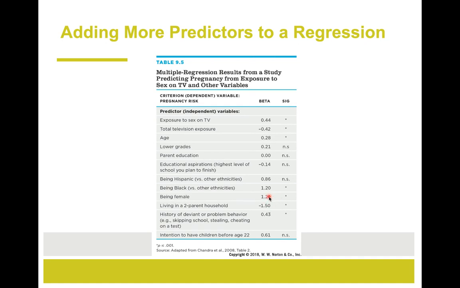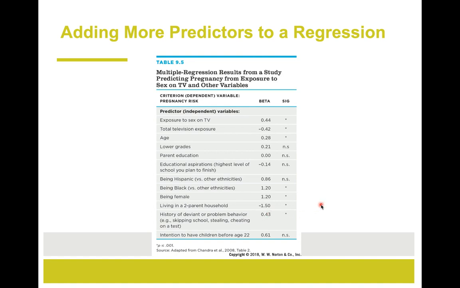That makes perfect sense. Living in a two-parent household is a negative predictor of pregnancy risk, meaning that if you live in a two-parent household, you are less likely to get pregnant. And history of deviant behavior is a positive predictor, meaning the more that you've skipped school, stolen, cheated on a test, et cetera, the greater your risk of pregnancy.